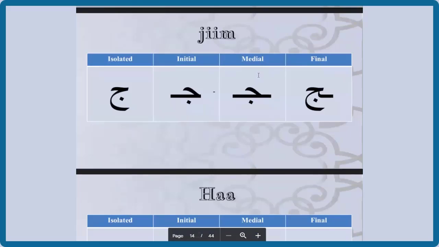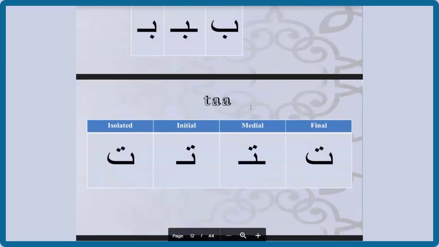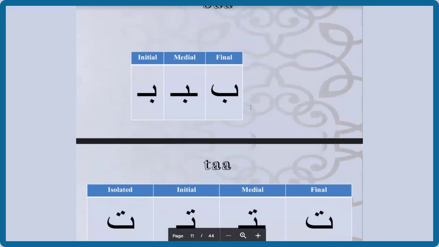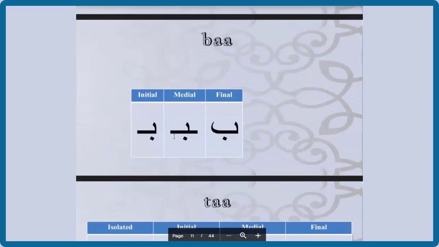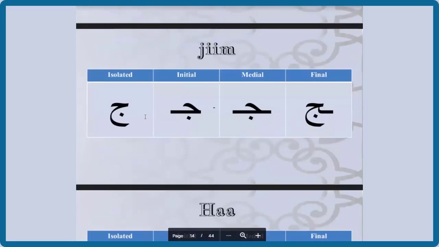Okay. Now whenever Jeem comes in medial form, you can see that it would be in this shape, right? Again, there is a dot at the bottom, but you can see the difference: this one is the medial form of ba, and this is the medial form of Jeem.